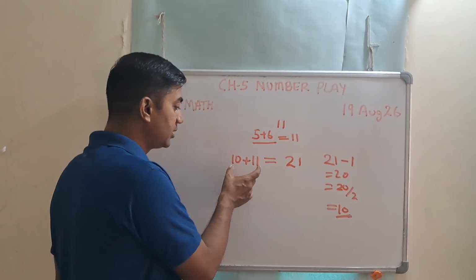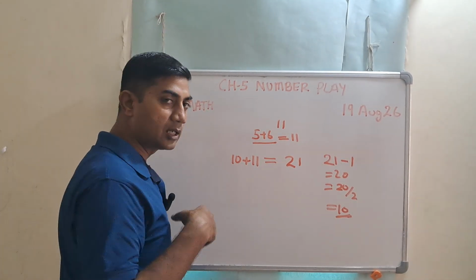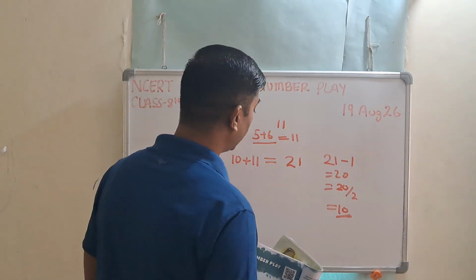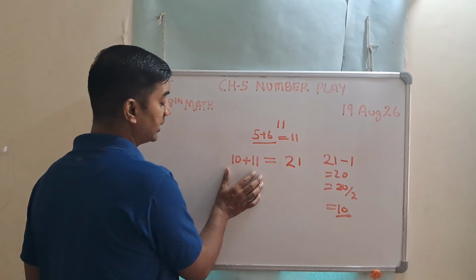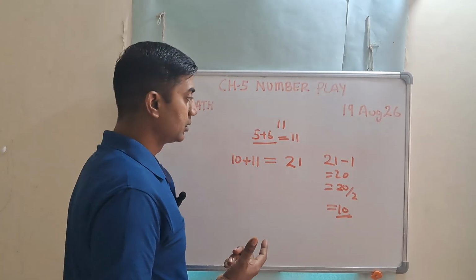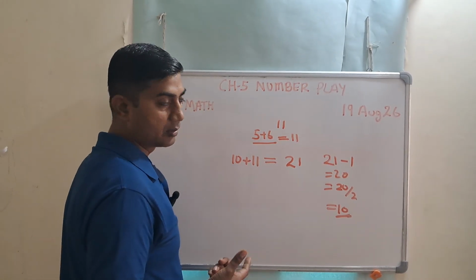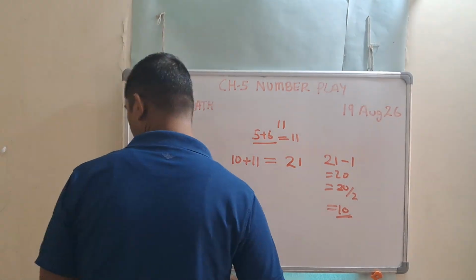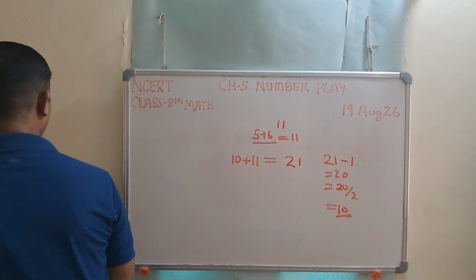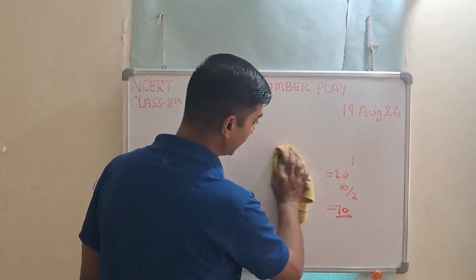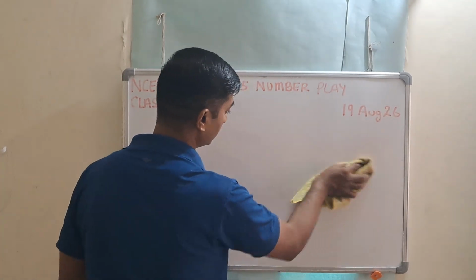And not only this way, we have different ways also. The possible ways are different, but this is the certain way that any odd number can be represented as a sum of consecutive numbers. Now we will see the case of even numbers. Is it possible that all even numbers can be represented as a sum of consecutive numbers?